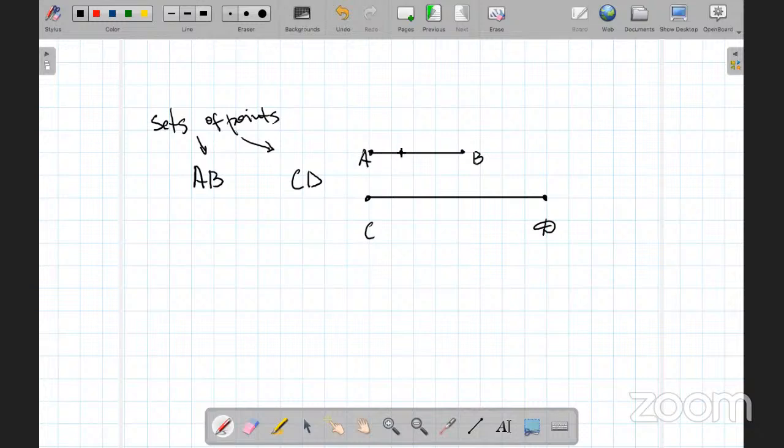So if this is some X, then X is an element of AB, and some Y here is an element of CD. So I look at my segments as just sets of points.